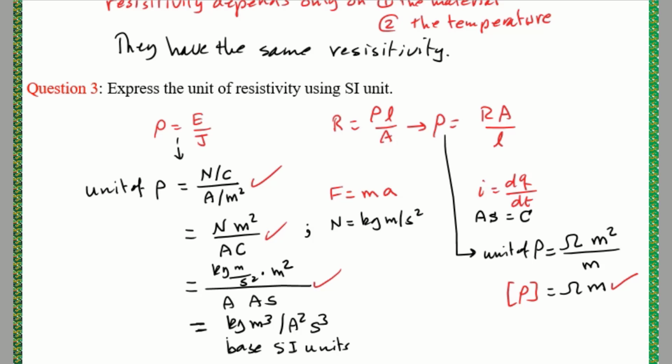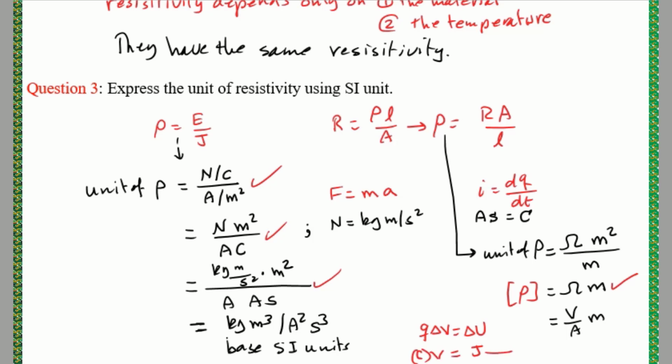But if we need the base units, ohm itself is volt per ampere. And the volt is related to the joule by this equation: delta V times Q equals delta U. This is joule, this is volt, and this is coulomb.